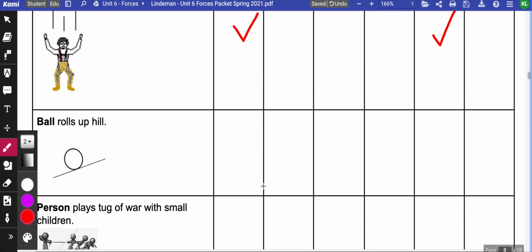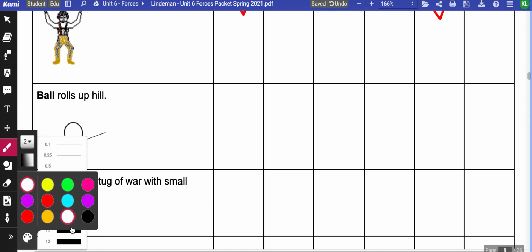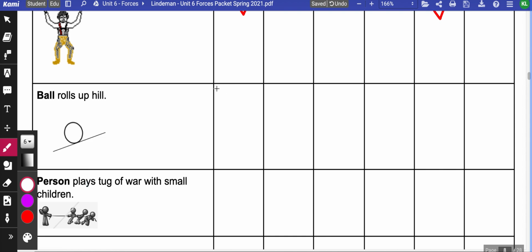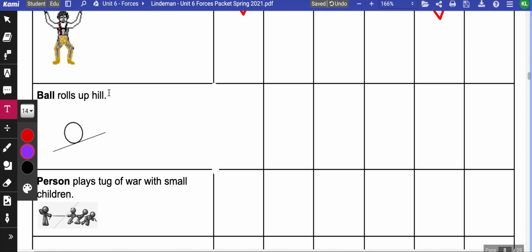Okay, for this next one, this is where we need to really think about what is happening with the actual scenario. So I just want to type some stuff in, just so that we're being super clear here. A ball is rolling up the hill, right?